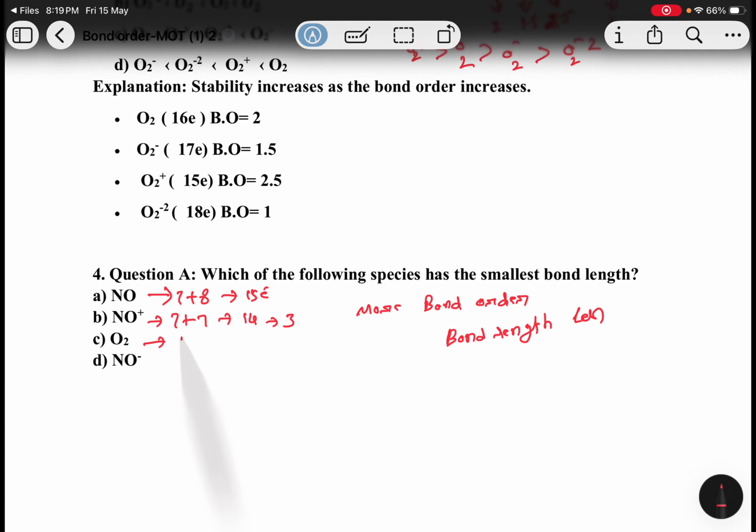O2 plus, 16 electrons, bond order is equal to 2. NO minus: nitrogen 7, O minus means 9, 9 plus 7 means 16 electrons. 16 electrons means bond order 2. Next, 15 electrons means bond order 2.5.